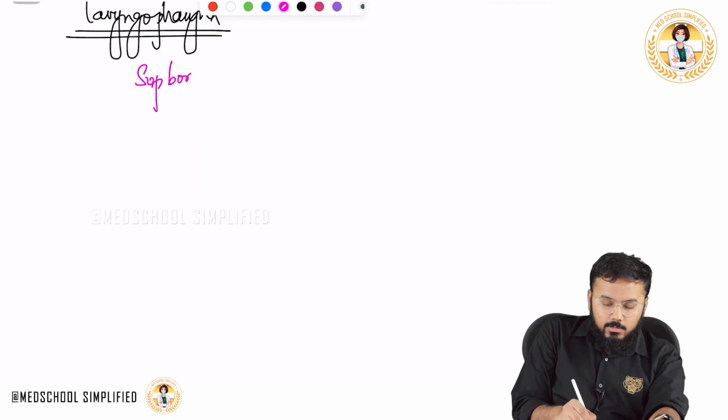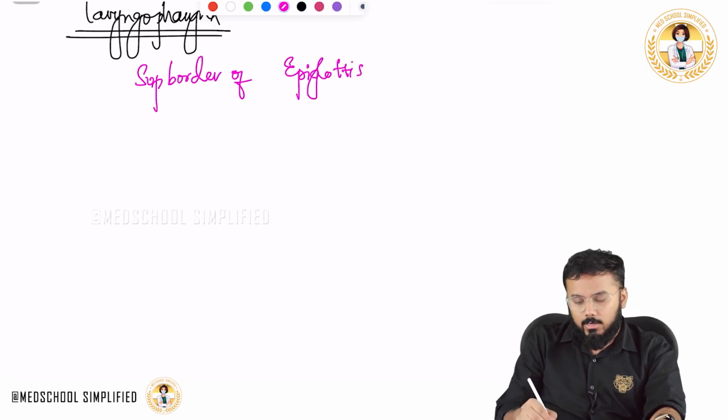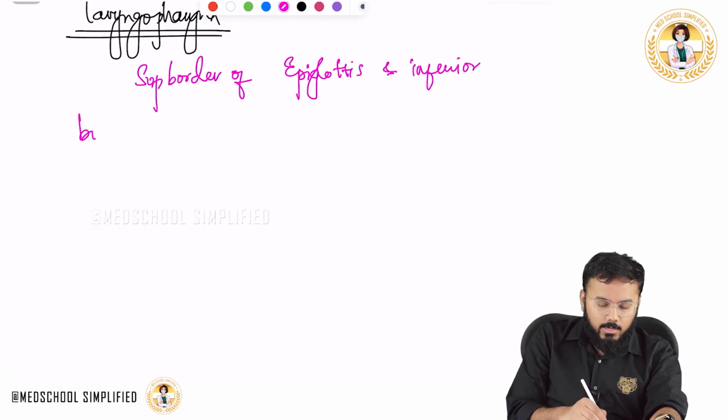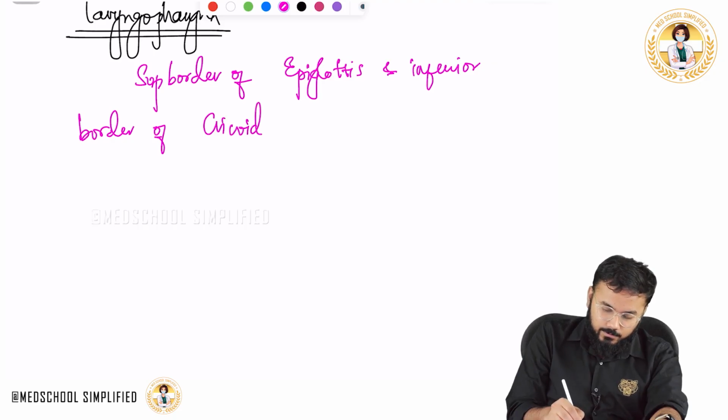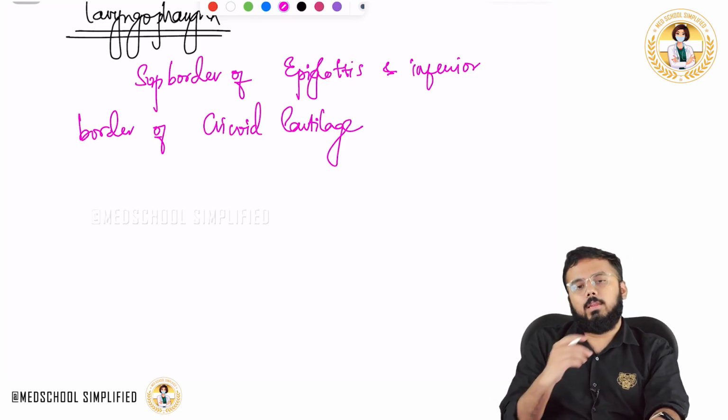Located all the way from the superior border of epiglottis and inferior border of your cricoid cartilage.